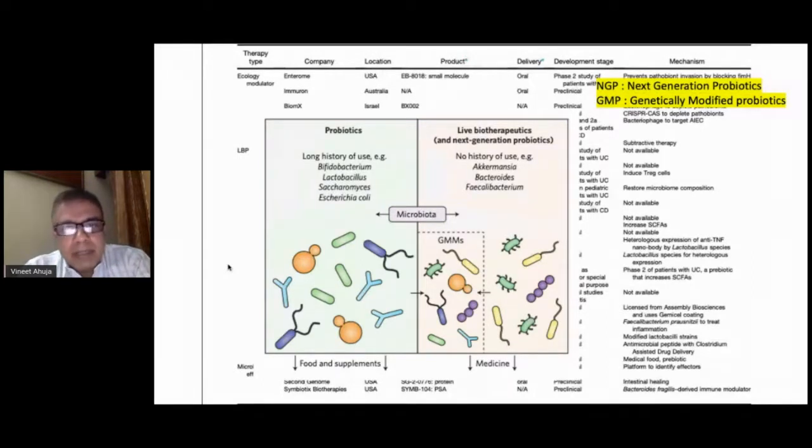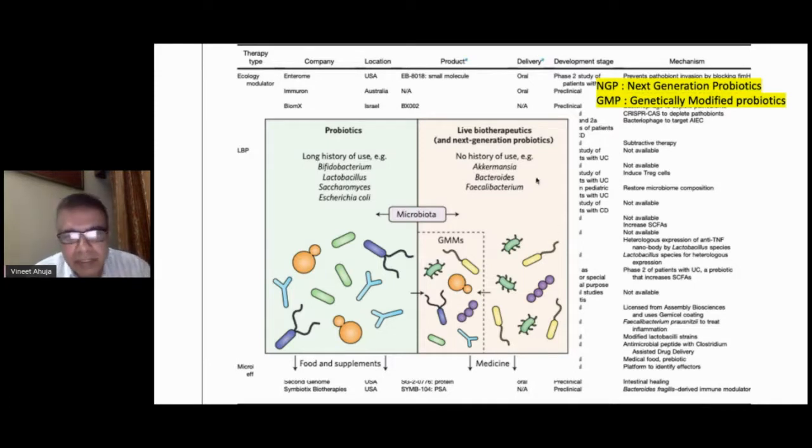So what are live biotherapeutics? You pick up the bacteria which you feel are going to help, culture those bacteria, make capsules of them, and then give it to the patients. Or you pick up the metabolites, make capsules of those metabolites and give it to the patients.